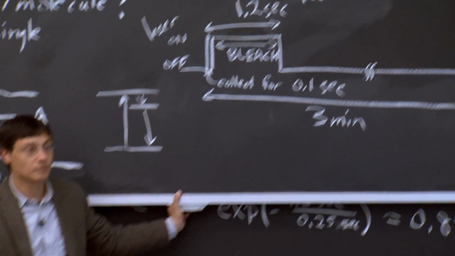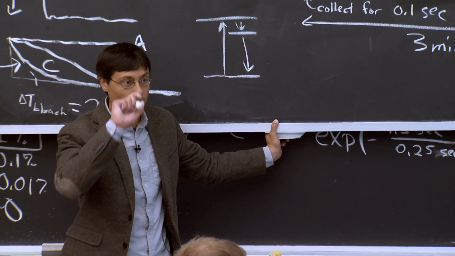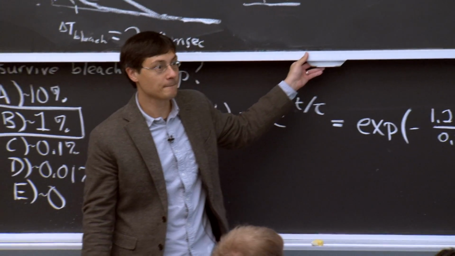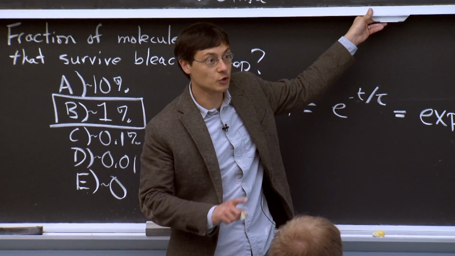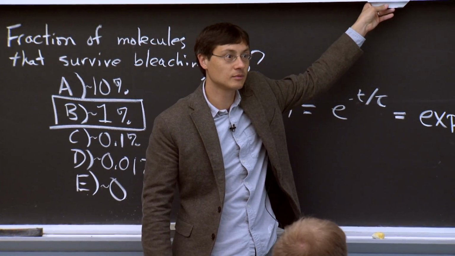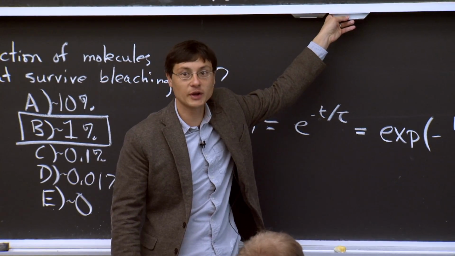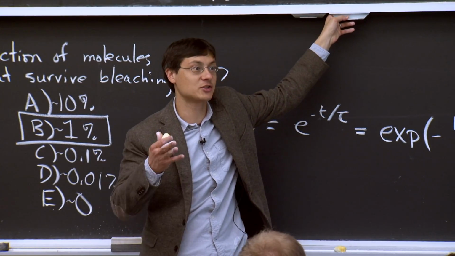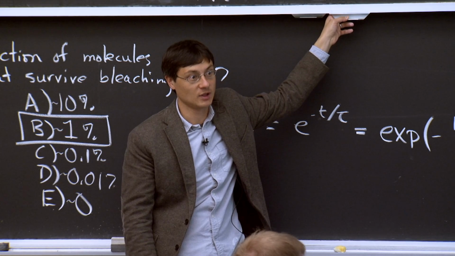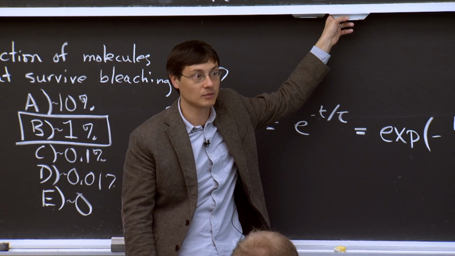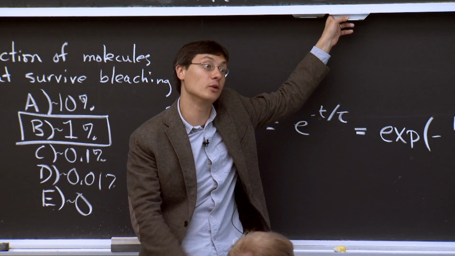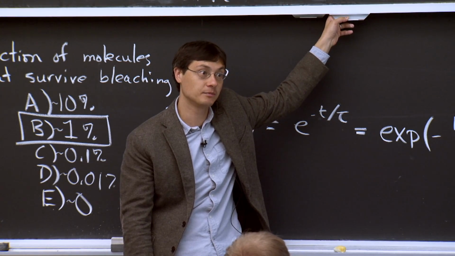In that short 0.1 second illumination, you can't see that bleach. That's right. They calibrate the intensity with these bleaching events. So what they're really doing is asking, how many spots do I see? In that experiment, they don't know that it was a single molecule.